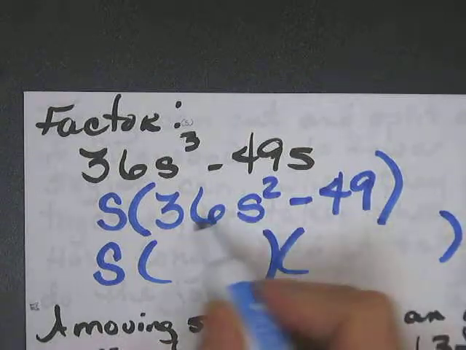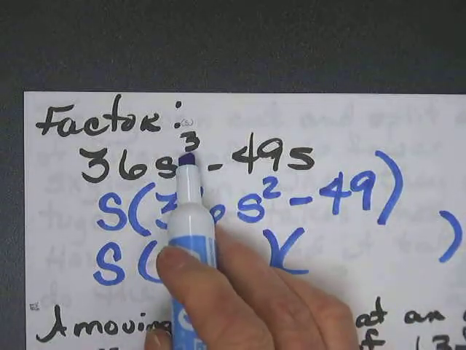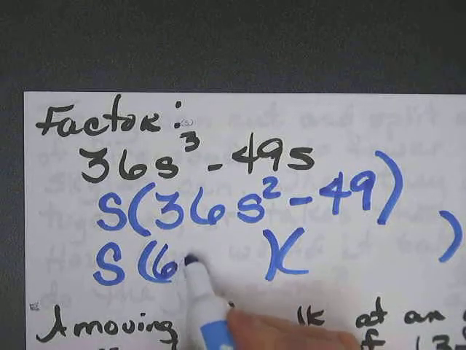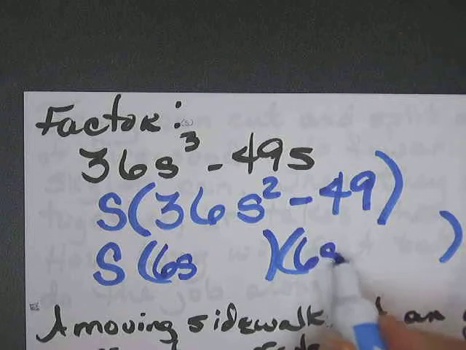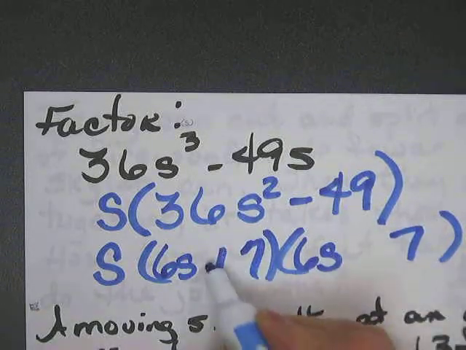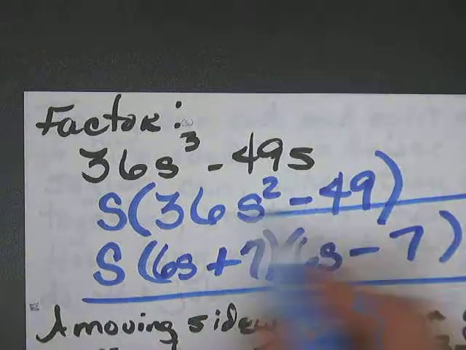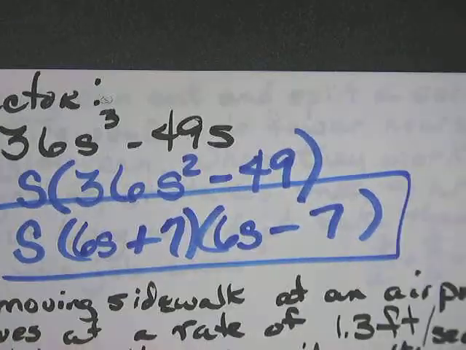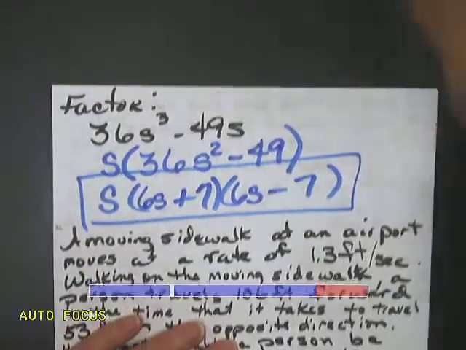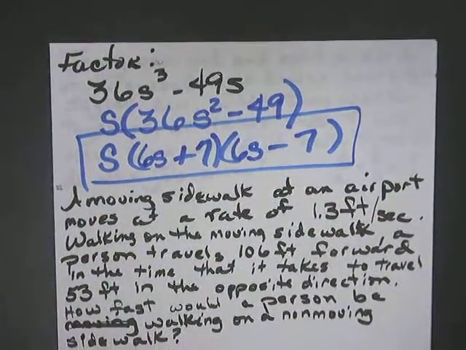S squared. And now what'd you say again? Difference of squares. Because these are now squares. That one, they weren't squares right there. So this is 6 what? 6s. 7, and you have the plus and minus.